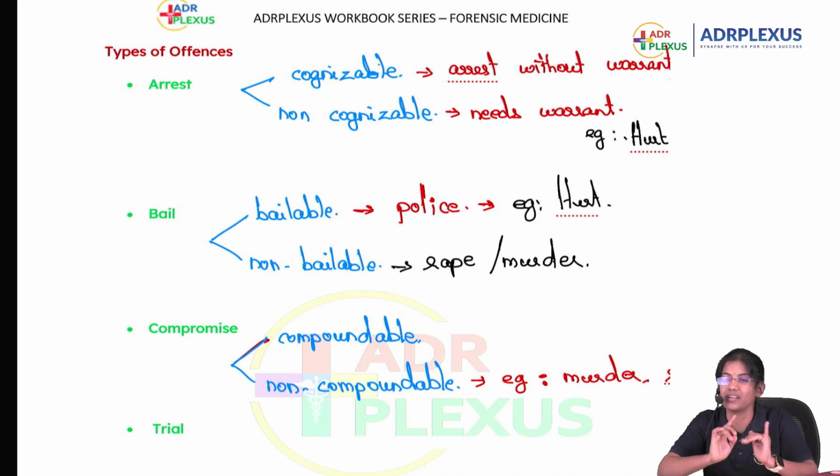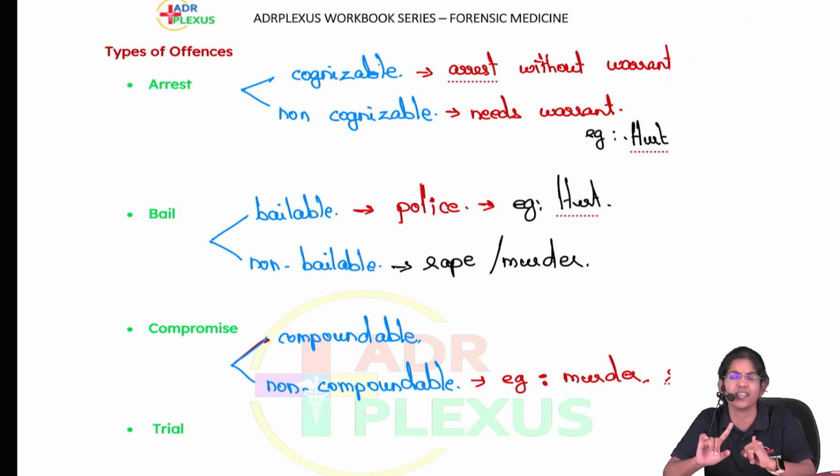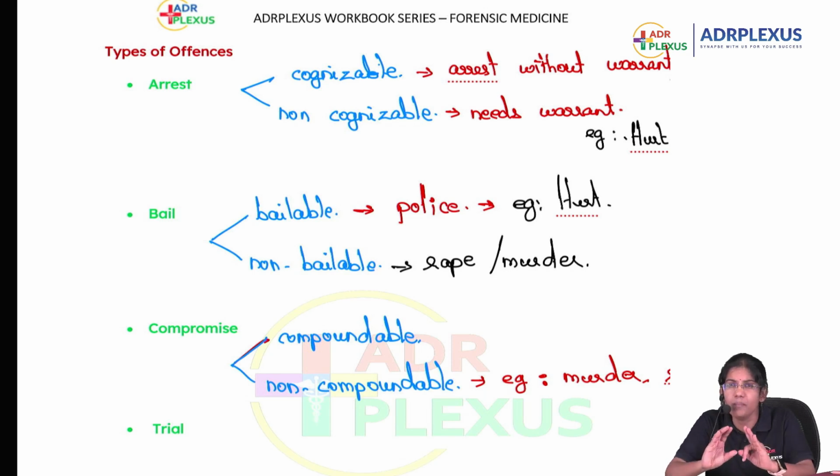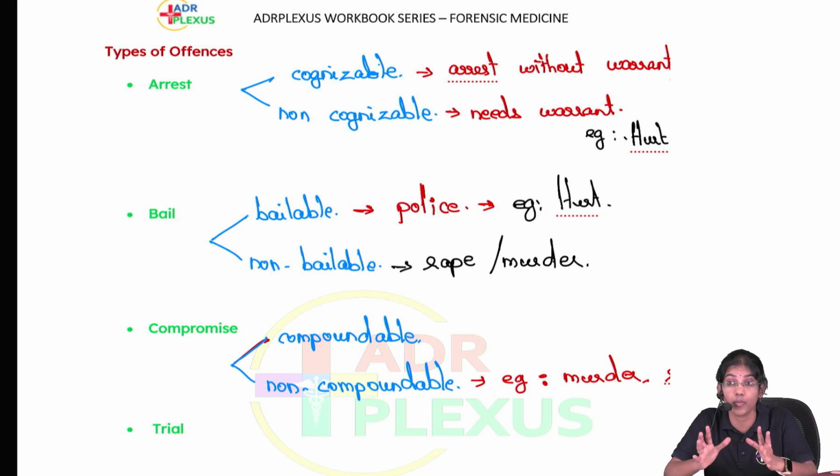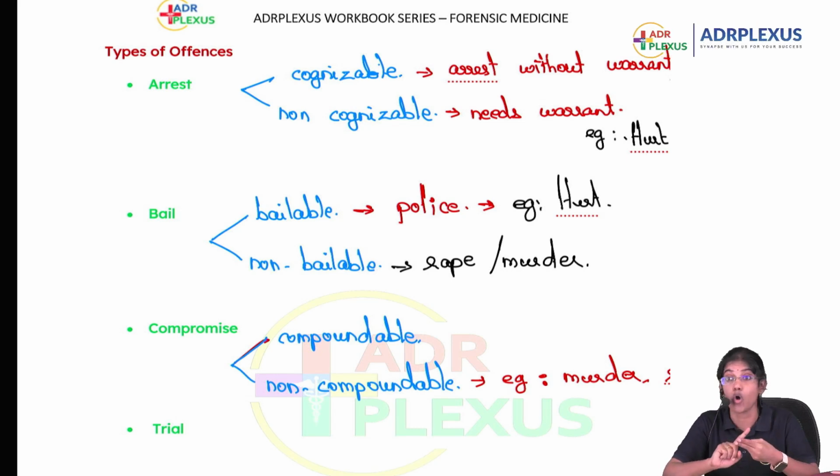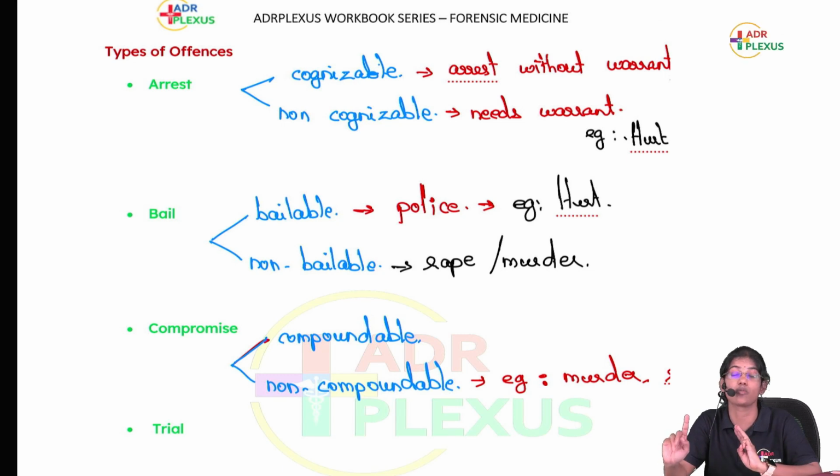They give some offense which is so heinous, like rape, murder. All of these will be cognizable offenses. Police can arrest, otherwise people will run off. It will be a cognizable offense. Non-bailable, police cannot give the bail, and it will be non-compoundable. They cannot finish the case outside the court.